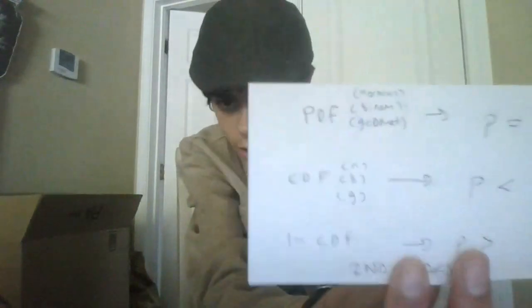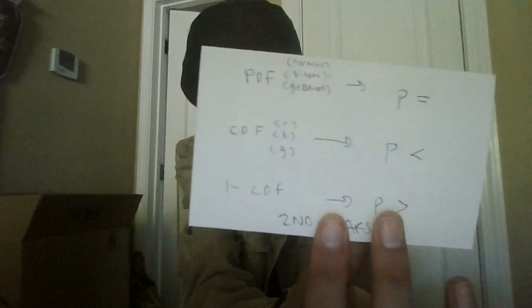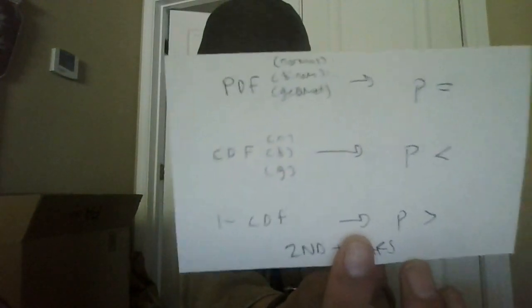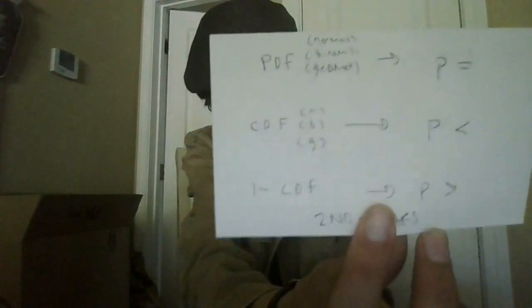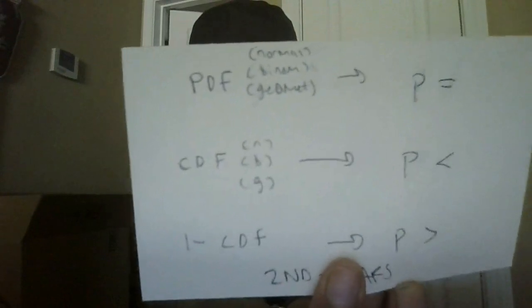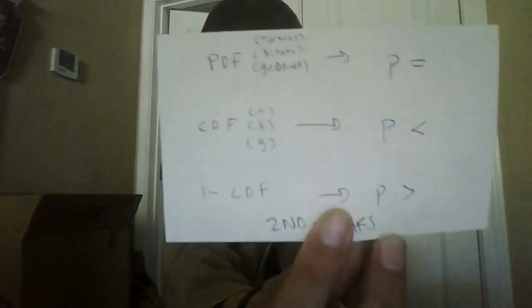PDF is just if you're looking that something is equal to it. So if the question says something about the probability that something's equal to it, then you would use PDF. Otherwise, use CDF, if it's less than. But if it's greater than, then do 1 minus CDF. You don't have to do 1 minus PDF. That's not really something you usually have to do.